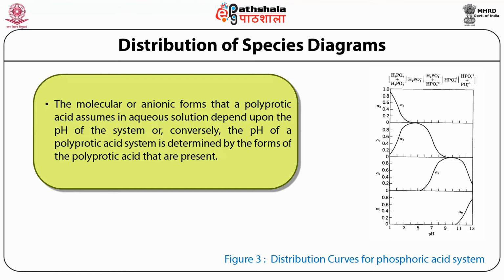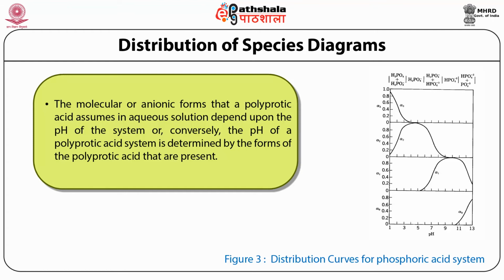A plot of the fraction of the total polyprotic acid present as each species versus pH is referred to as a distribution diagram. In this diagram, in the different regions of pH, you can see different amounts of H3PO4.